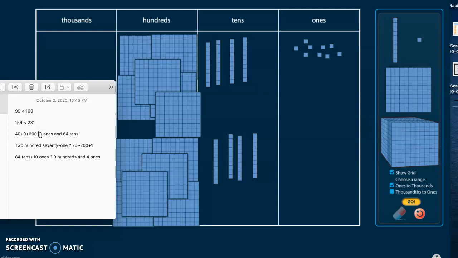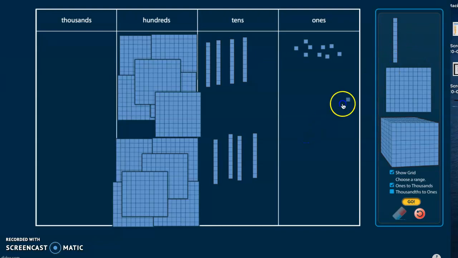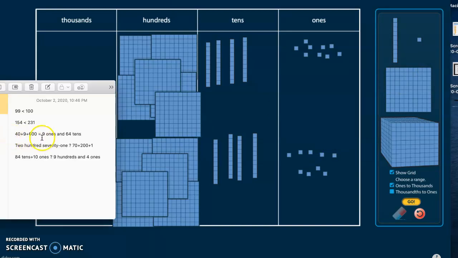So we'll put an equal sign there to remind us, and then I will put 9 ones on here so that we can really see it. 3, 4, 5, 6, 7, 8, 9. Oh, we only need 9. So there are 2 numbers that are the same, so I put an equal sign because equals means that they are the same.